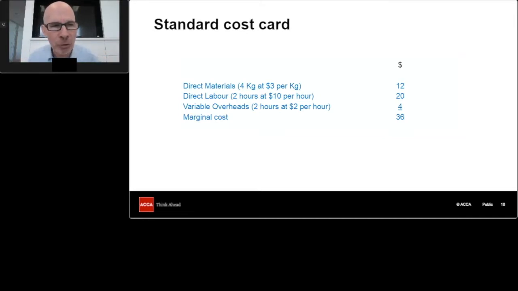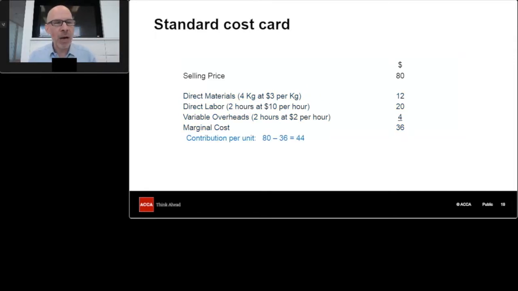Guys, marginal cost or variable cost, okay, is 36. So contribution per unit, guys. What's the contribution per unit? Do we know the selling price? Yes, we do. Do we know the variable cost or marginal cost? 36. Yes, we do. So we know the contribution per unit.